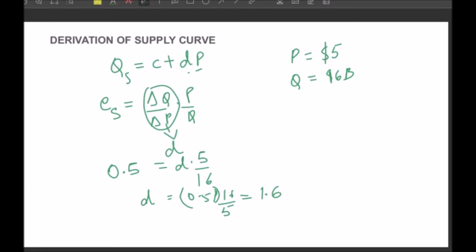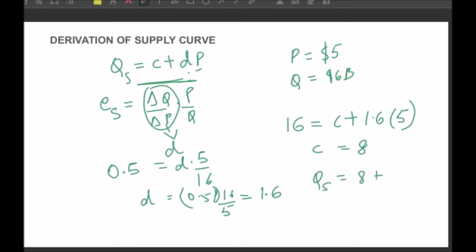Now substituting the values in this equation to find the value of C, we have 16 is equal to C plus 1.6 times price, which is $5. So the value of C comes out to be 8. Hence the equation for supply curve is 8 plus 1.6P.